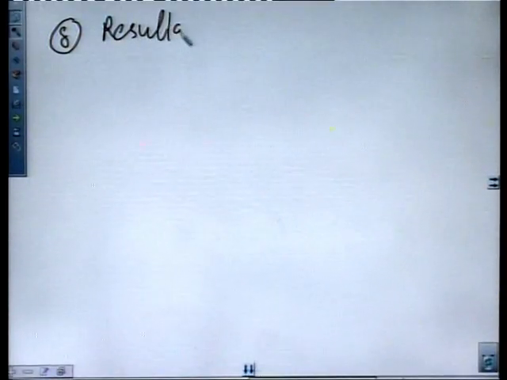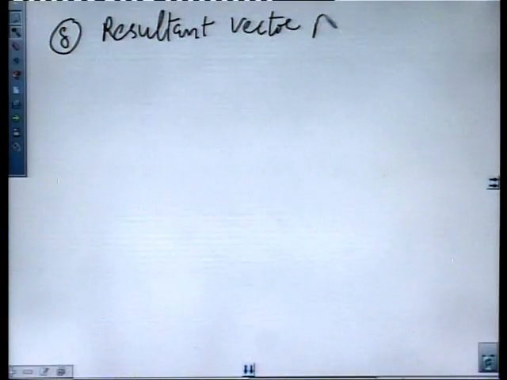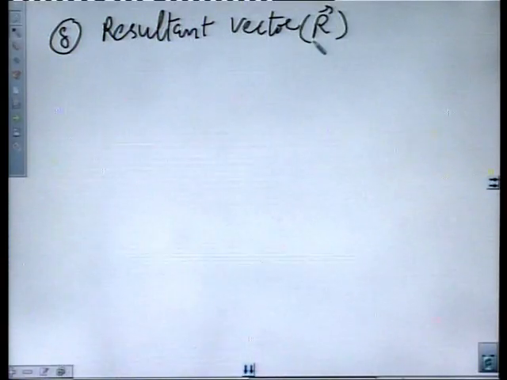Now the next is the resultant vector. This is denoted by R vector.